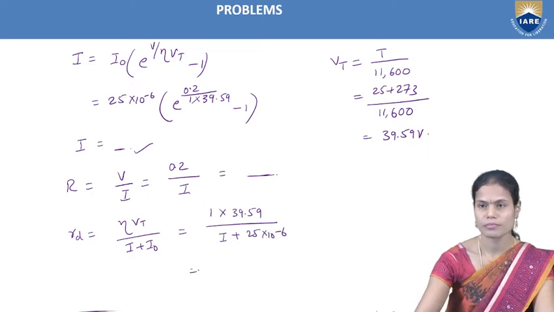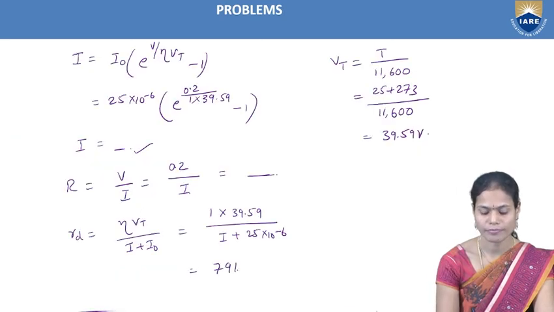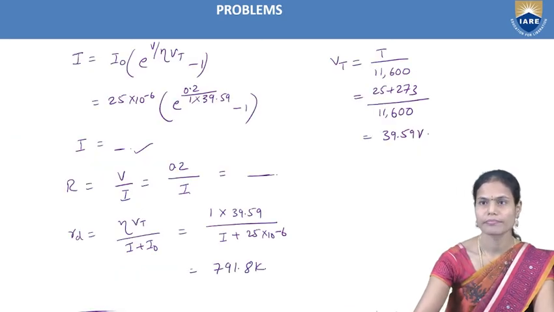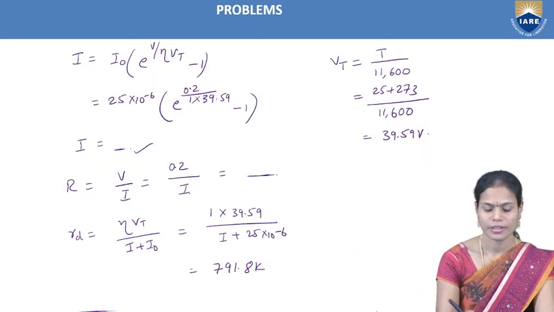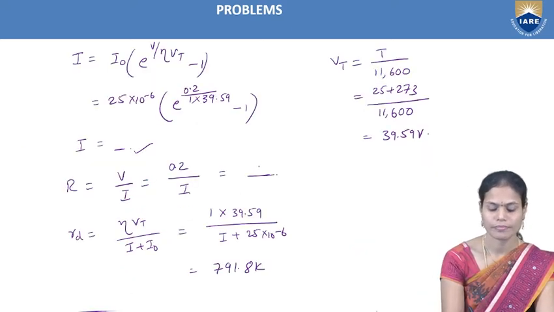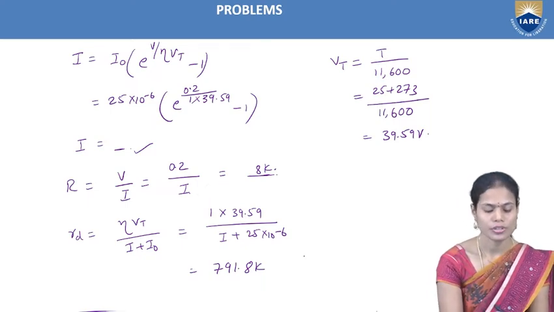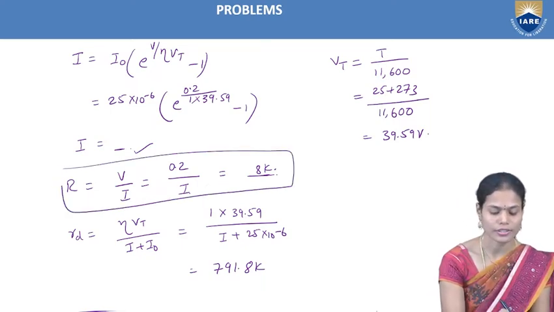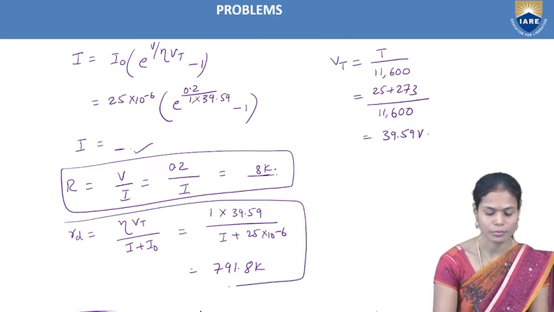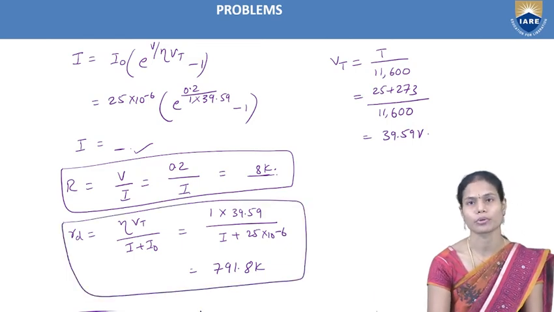If we solve this, we will get 791.8 K, and this is 8 K. We will get it as 8 K here. In this way we need to calculate the static resistance as well as the dynamic resistance for the given problem.